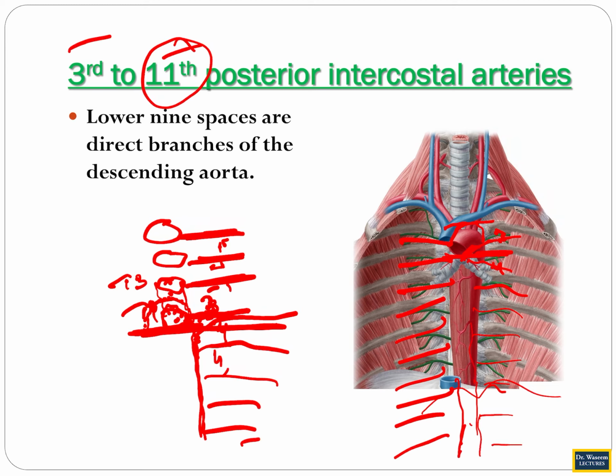But here the thoracic aorta only will bilaterally supply the third to 11th intercostal spaces, not the first and second, because the descending aorta was not present there. The arch of aorta is present, so it is the responsibility of the arch of aorta to supply the upper two spaces bilaterally, but not the intercostal spaces below that. So from 3rd to 11th bilaterally it will be supplied by the descending aorta.